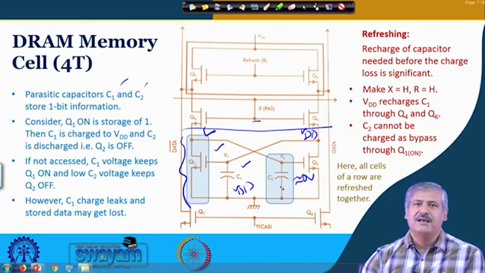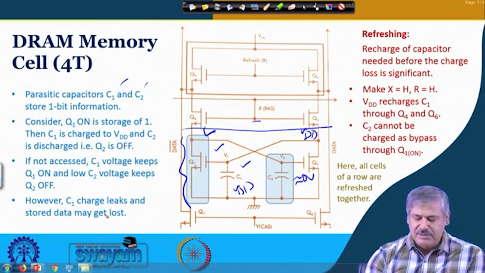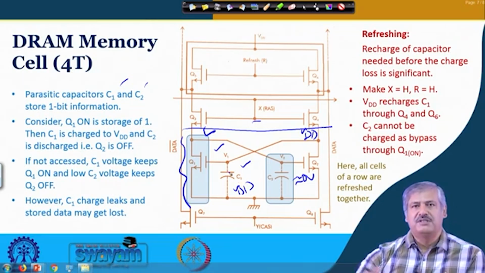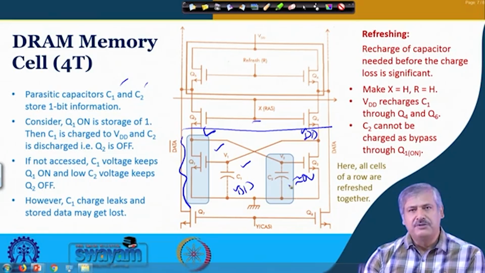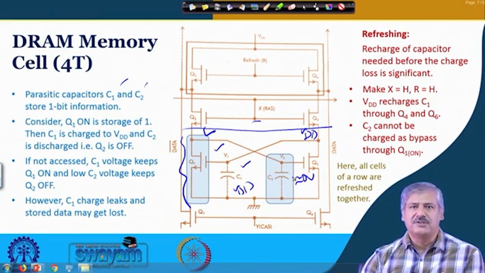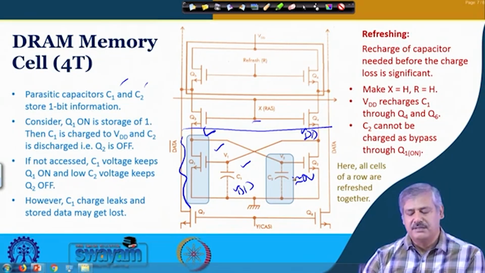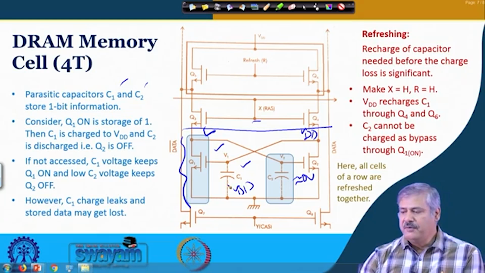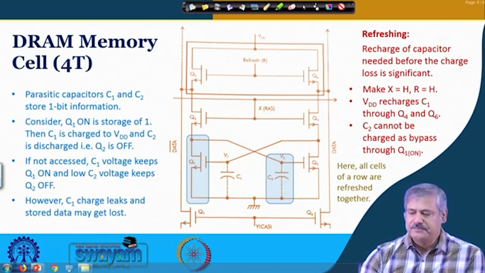But as we have noted, the charge on C1, which is charged up to VDD, will gradually leak and come closer to the C2 value, and then the information will be lost. So before it loses significantly whatever charge it has, we need refreshing. Is it fine? For refreshing, what do we do?